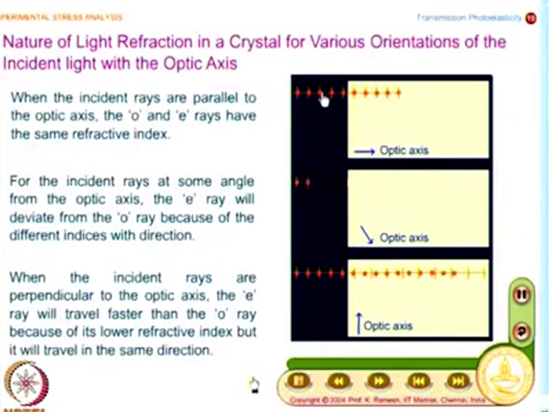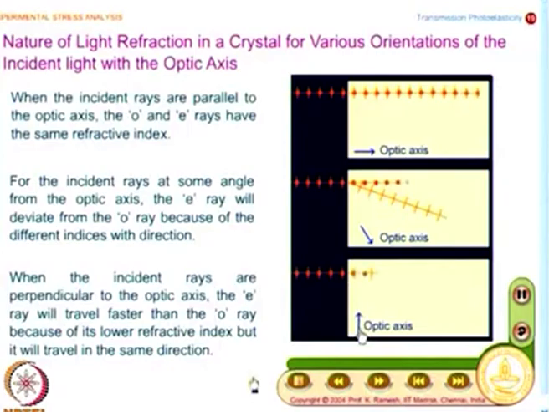In the first case, the incident light is along the optic axis. In the second case, the incident light is at an angle to the optic axis. In the third case, the incident light is perpendicular to the optic axis.